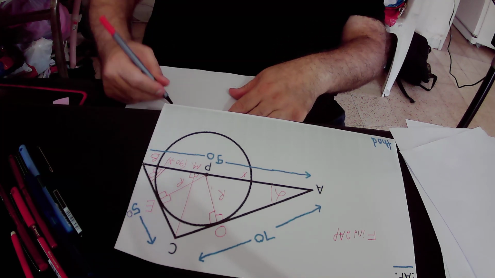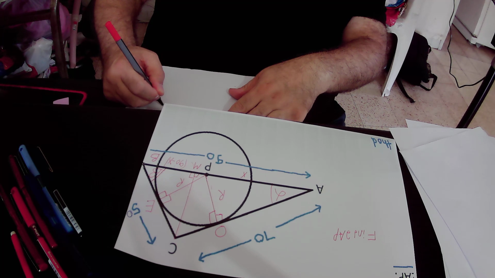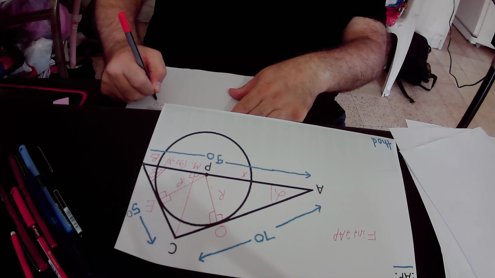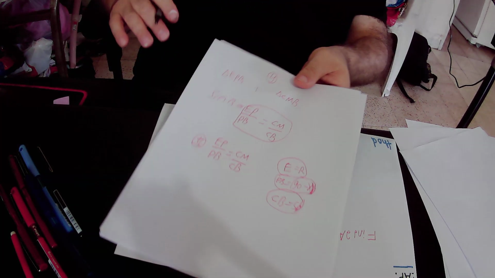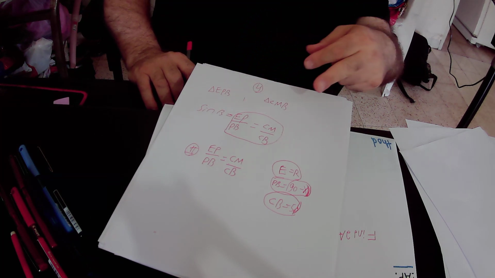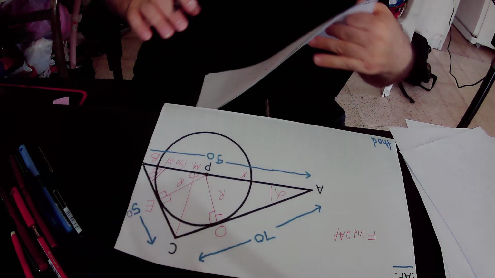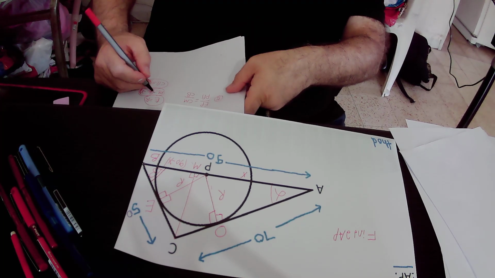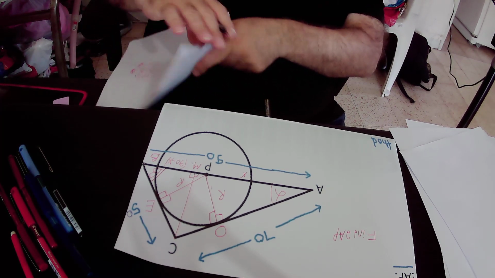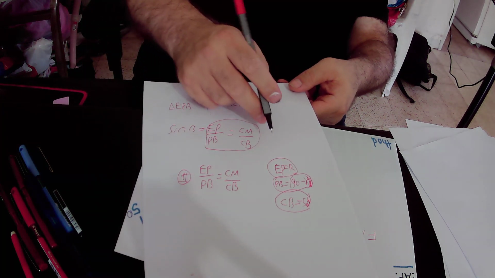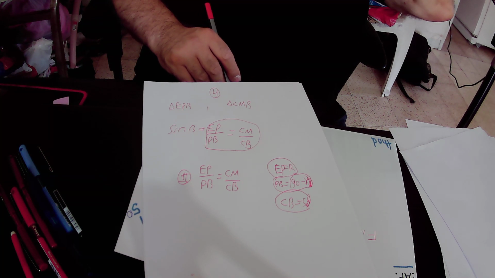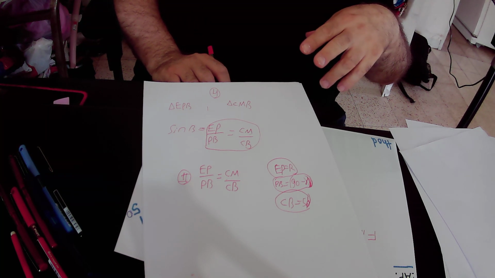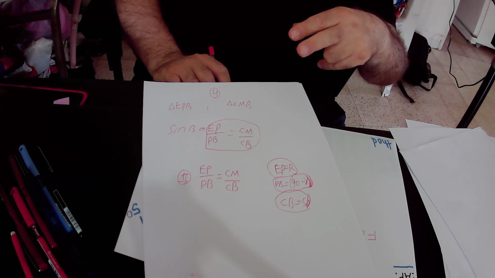CB equals 50 units. So in total we have the data that EP equals R, PB equals 90 minus X, and CB equals 50 units. So we can put this data into equation number 2.